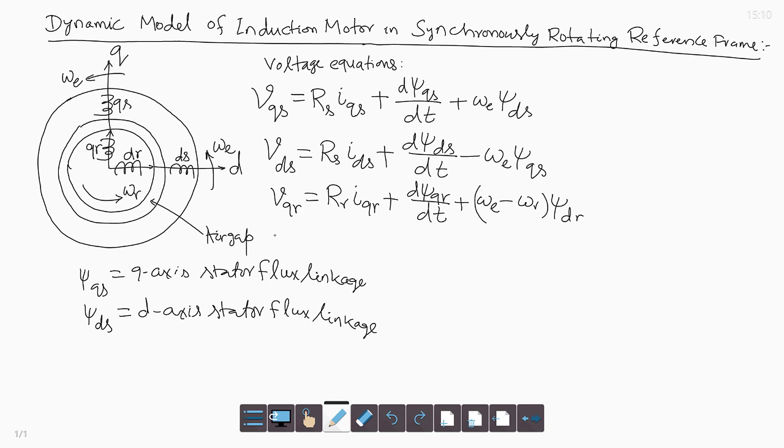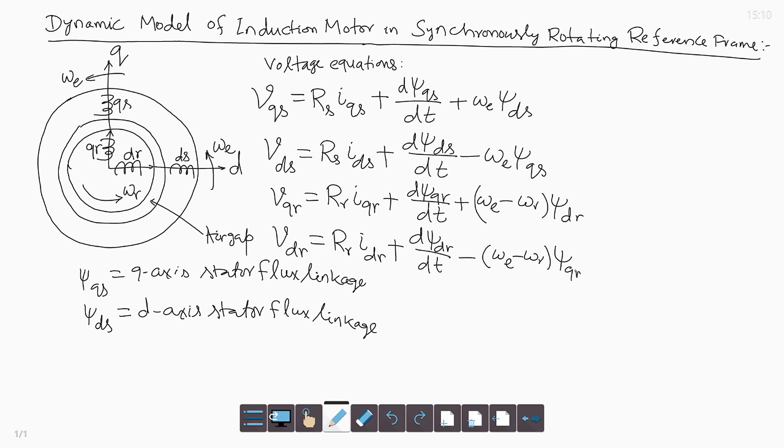Similarly, the voltage along the d axis rotor winding is Vdr, that is Rr into idr, the resistance drop, plus the transformer EMF, d psi dr by dt, and the rotational EMF, minus omega e minus omega r into psi qr.